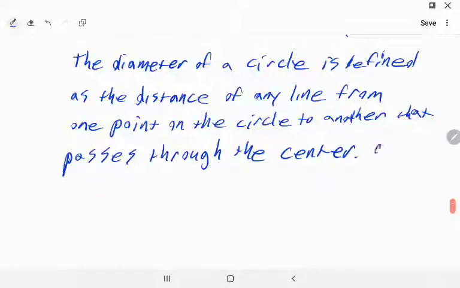And so we notice that the diameter has to be 2 times the radius. Diameter is always going to be 2 times the radius.